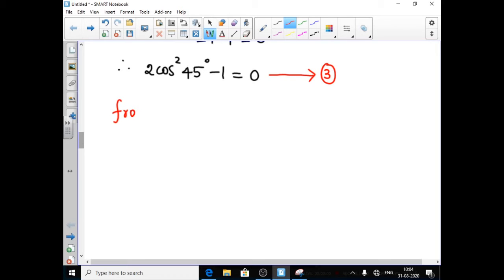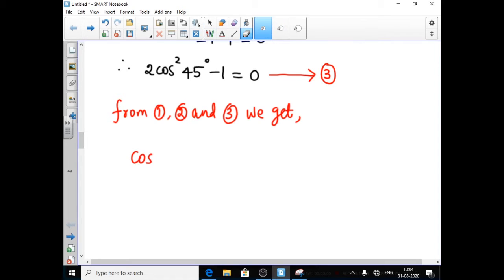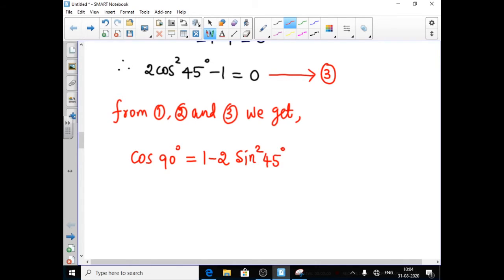So from 1, 2 and 3 we get cos 90 degree is equal to 1 minus 2 sine square 45 degree, is equal to 2 cos square 45 degree minus 1. Okay. Hence proof.